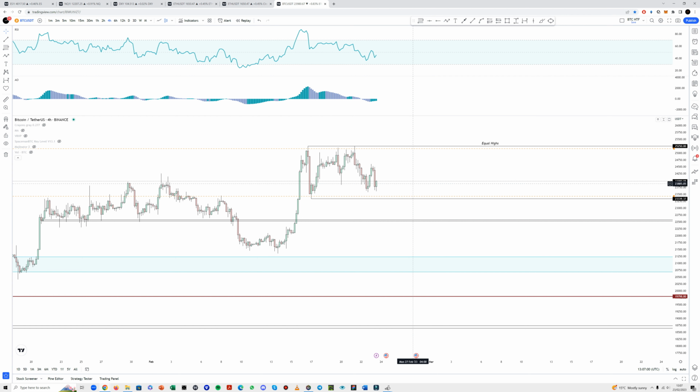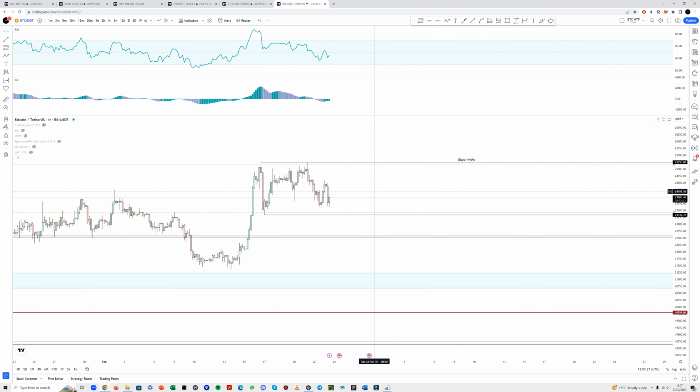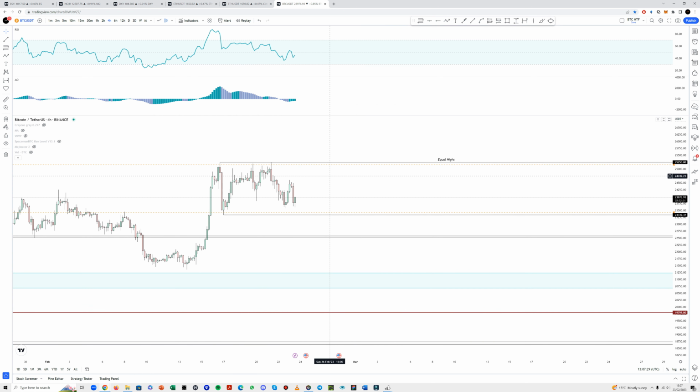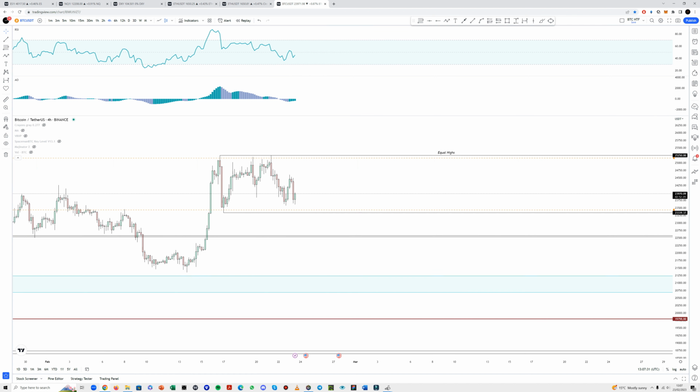Ideally, we would love to see this low get taken out, and in doing so, produce a significant amount of negative delta, as well as hopefully some lower time frame divergences. And essentially that would give us a lovely trigger to long this up to the equal highs, monitor the reaction there, potentially play it higher. But if we take out these highs and start closing underneath, then close out that trade.